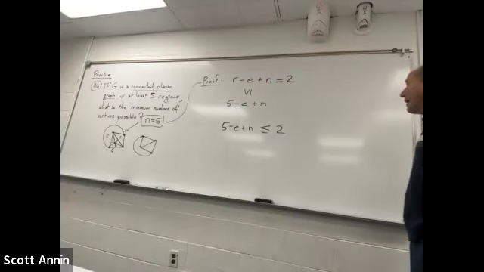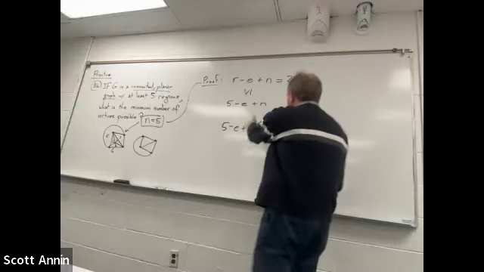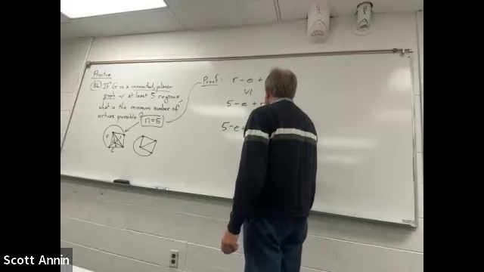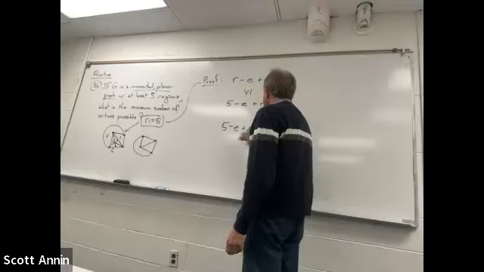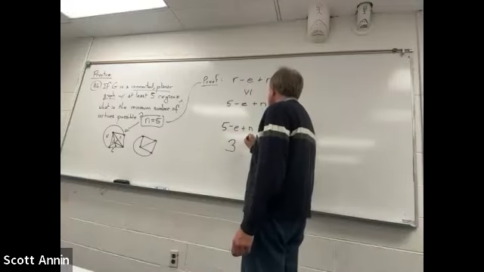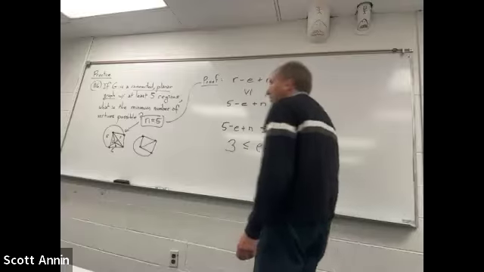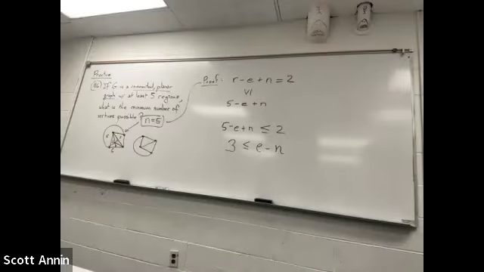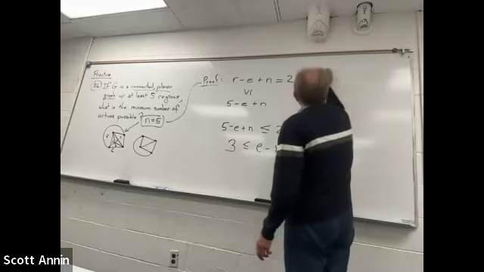Maybe we can rearrange this one. Subtract the 5 from the 2, and we get 3 is less than or equal to e minus n. Do we know anything else besides Euler's formula?